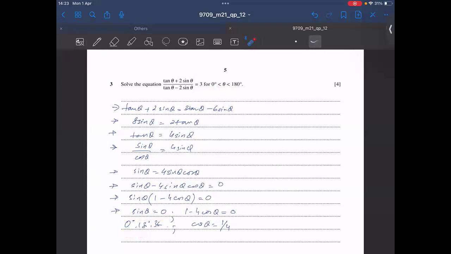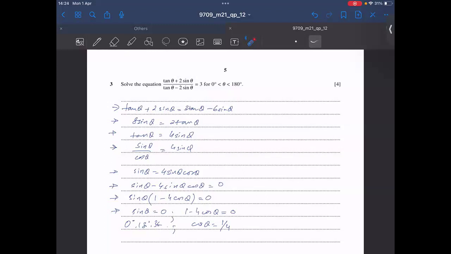But this is not always the case. You might have an equal to sign in this domain. And in that case, you would have lost some marks, because if there would have been an equal to sign in this domain, then these two solutions, 0 degree and 180 degree, would have been part of your final solutions.